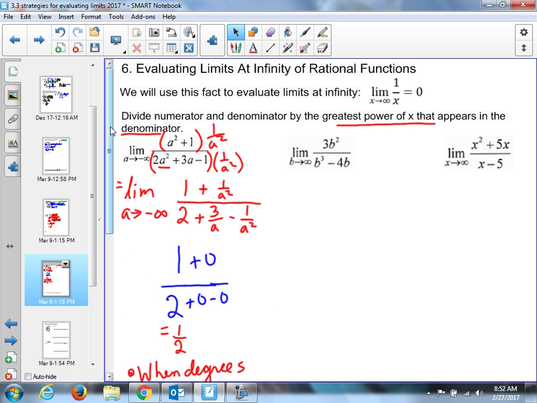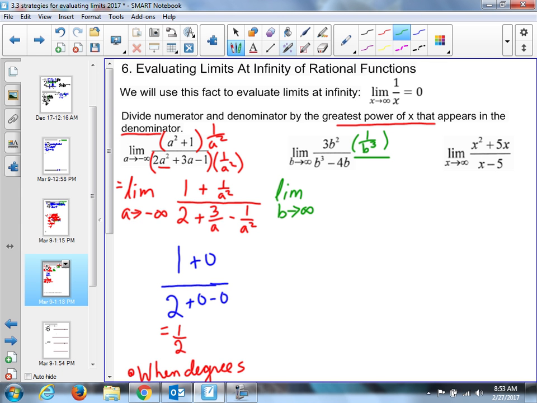How about this one? When the degree on the bottom, the denominator, is larger, we'll still use this, the greatest power of x that appears in the denominator. So we'll see what happens here. So limit of b approaching infinity, well, I'm going to multiply top and bottom by 1 over b cubed.